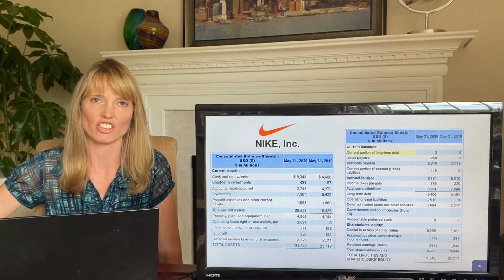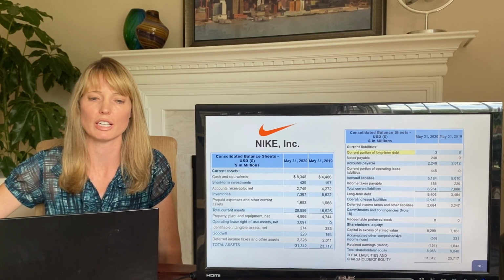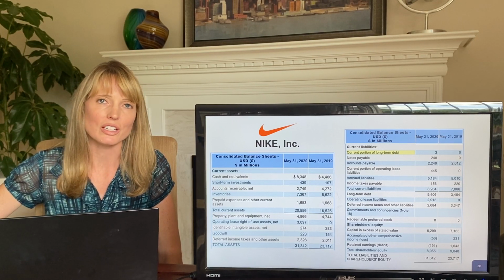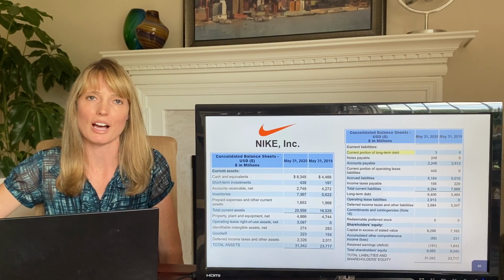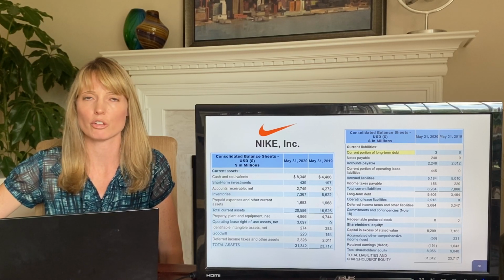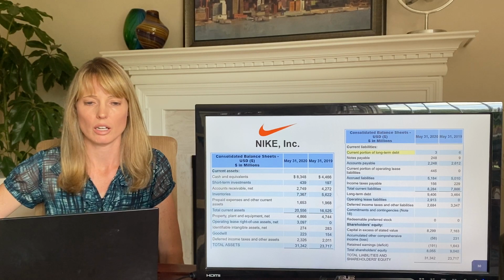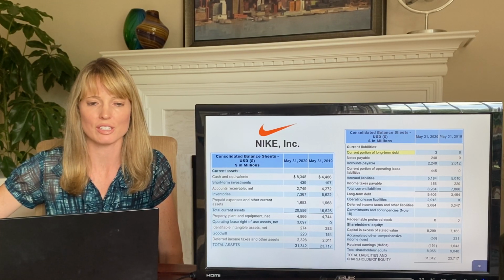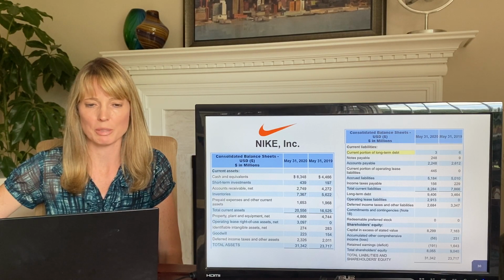It's actually in cash. They're sitting on $8.3 billion in cash. That's cash they're not using to grow their operations, to buy other brands, to create more factories, and open up more stores with that they're going to purchase.